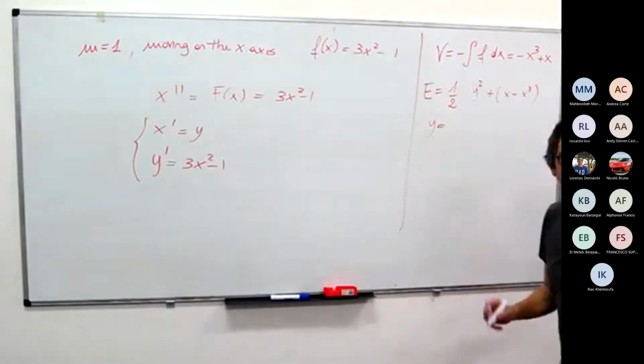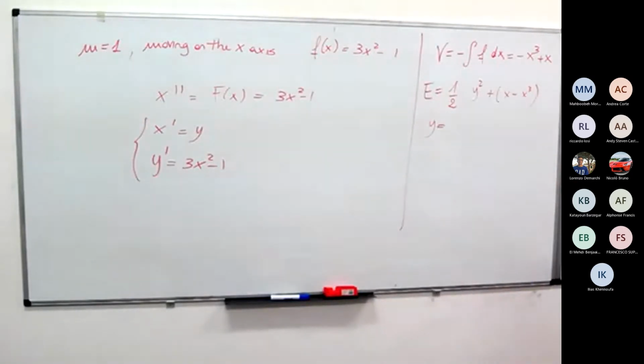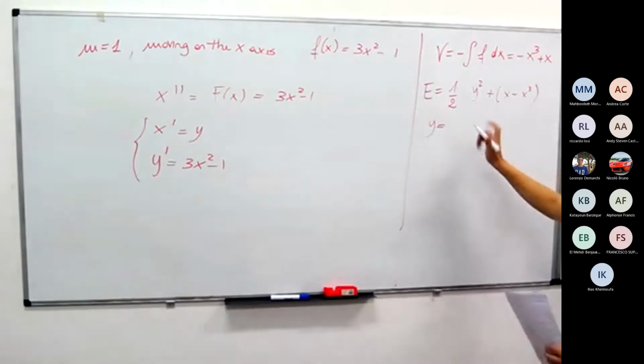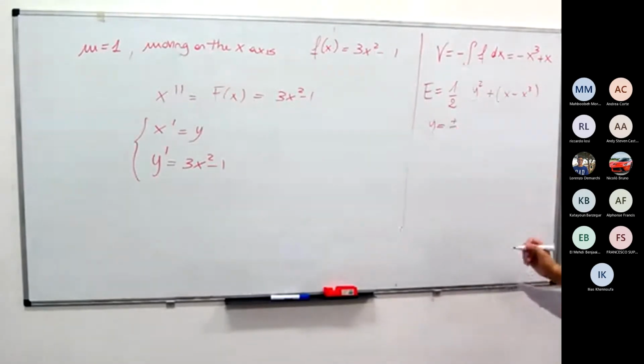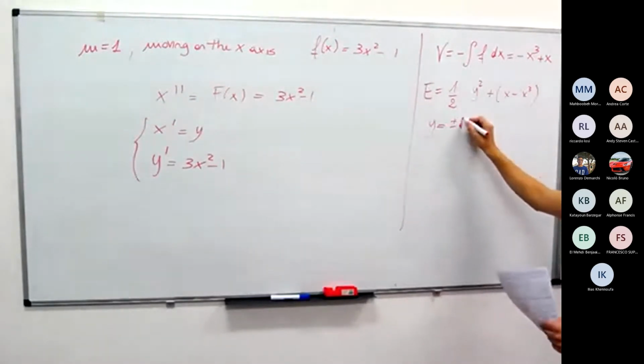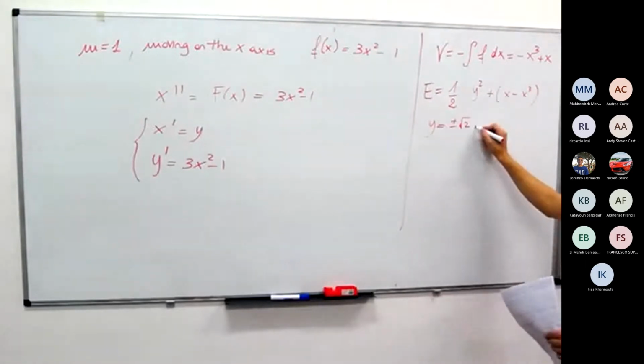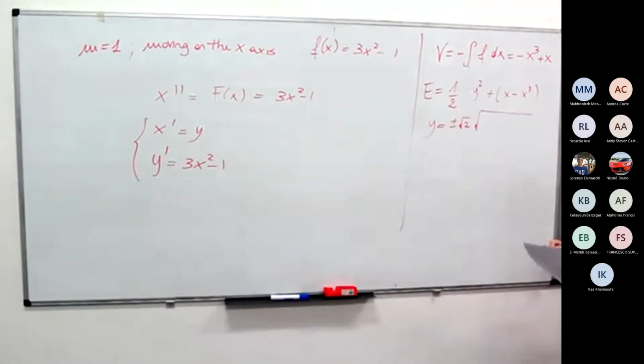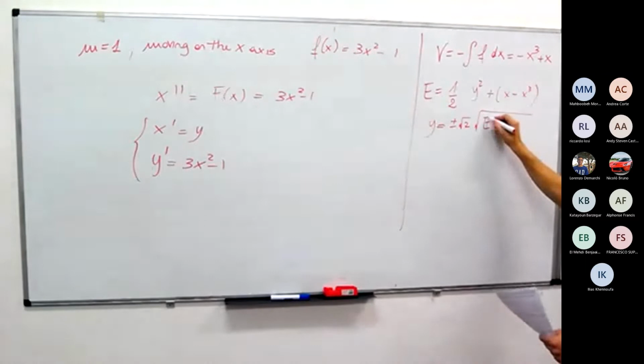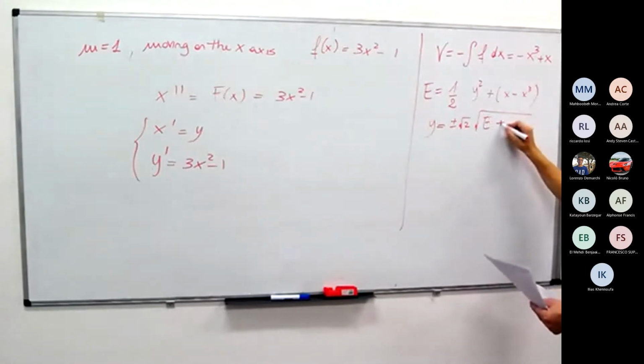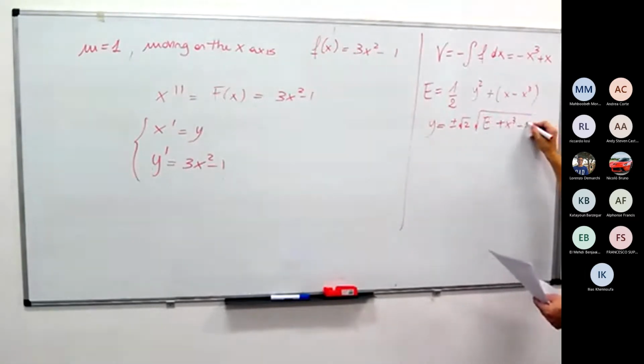What you will find is some expression for y. In this case, y will be equal to plus or minus the square root of 2 times the square root of E plus x cubed minus x.